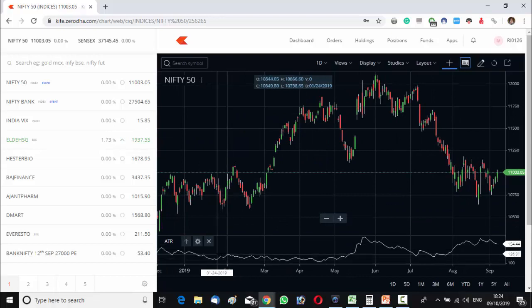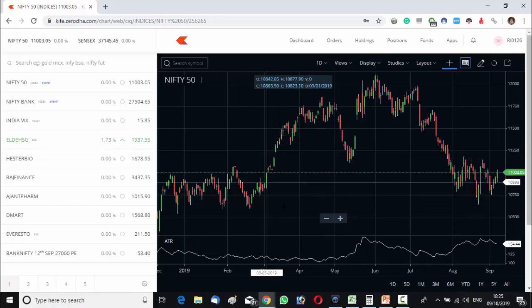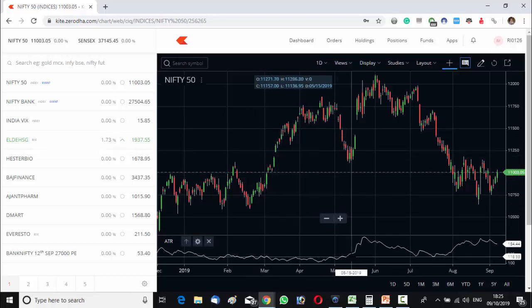So you can see, wherever the ATR indicator is moving on the downside, it is low. The volatility of the particular Nifty 50 here is also low. But whenever the ATR indicator rises, the volatility also rises. So every day the price moves in a volatile way. You can see how big the candles this Nifty is making. This is a very big candle.